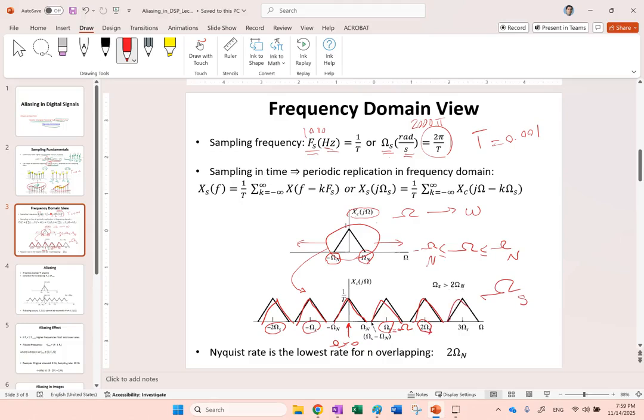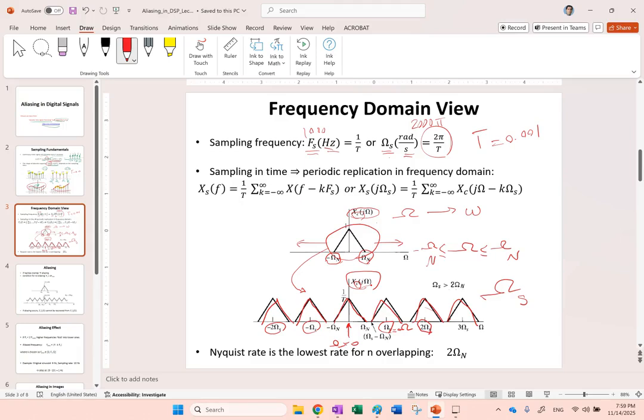It will be a replicate of the original signal. Good? Fine. So this is the frequency magnitude plot for the discrete time signal as opposed to the continuous one. Very similar, but just repeated in the x direction, in this case the omega direction.